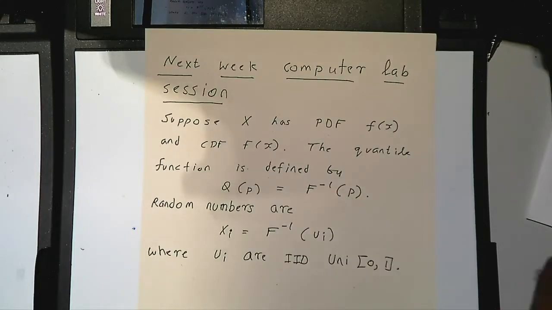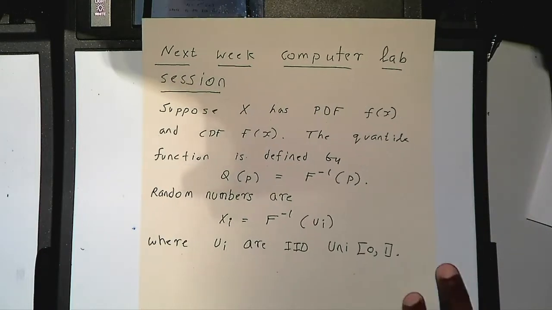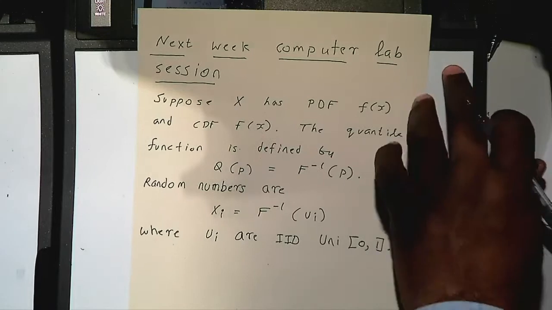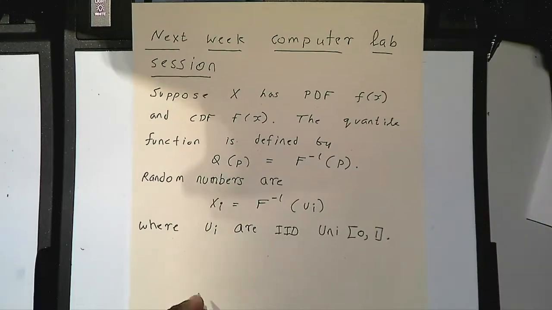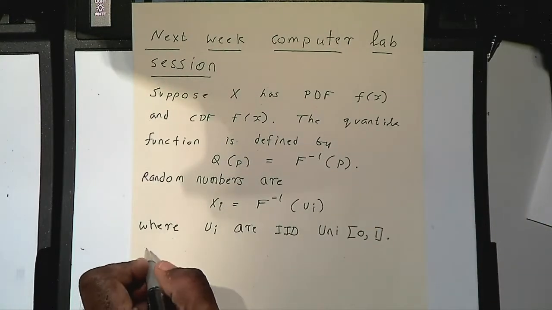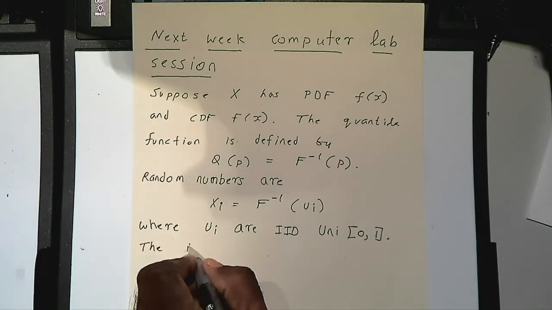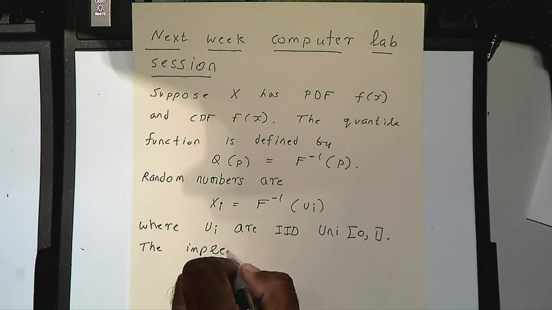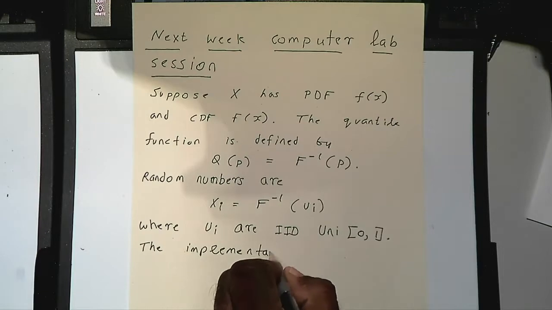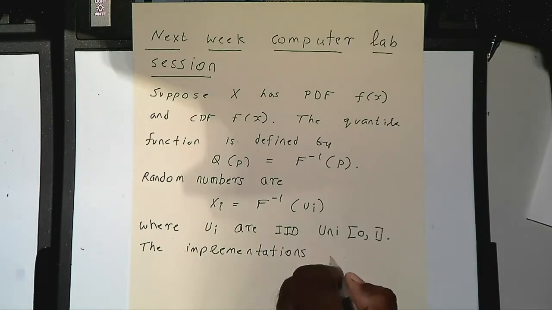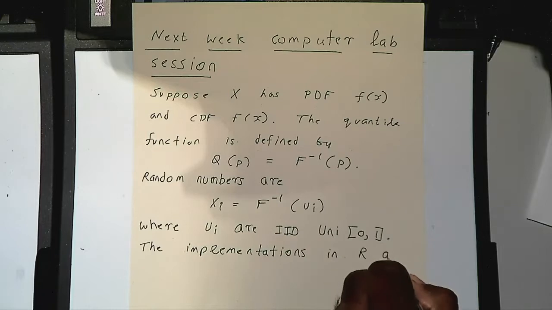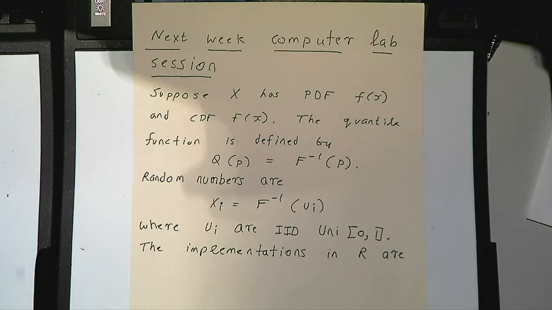Now, to implement these 4 things in R, this is what you do, right? Just listen carefully. To implement these 4 things, the PDF, the CDF, the quantile, and the random numbers, this is what you do.